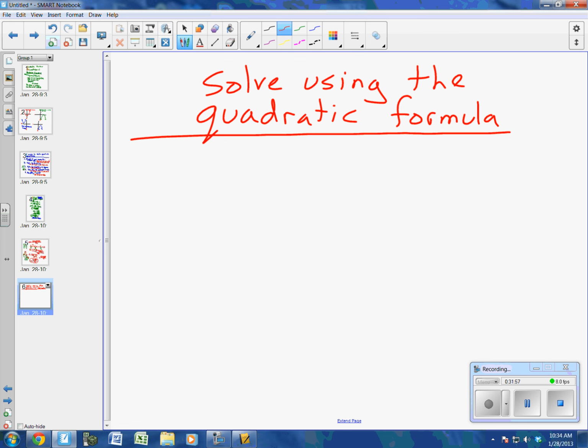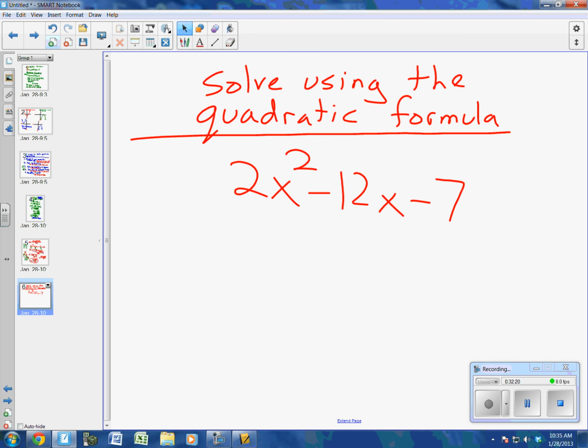No, let's do it easier than that. Everybody, we're going to go 2x squared minus 12x minus 7. Okay, I want everybody to solve that quadratic equation using the quadratic formula.